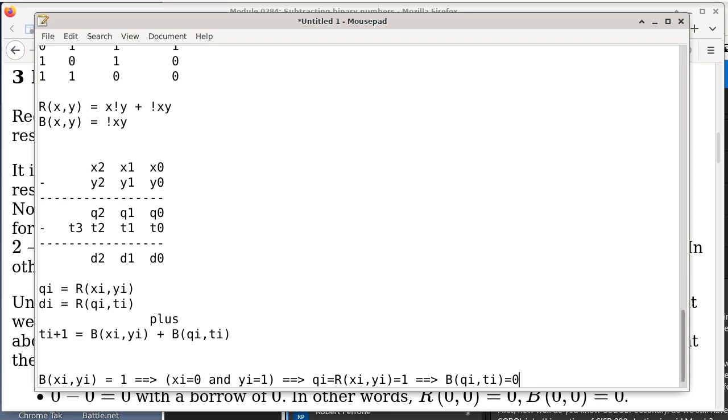Yep, because qi is a 1 already. If qi is a 1, the borrow sets will first negate it. If qi is a 1 and we negate it, it becomes false. And then false and whatever ti is is always false. It doesn't matter what ti is. Okay?